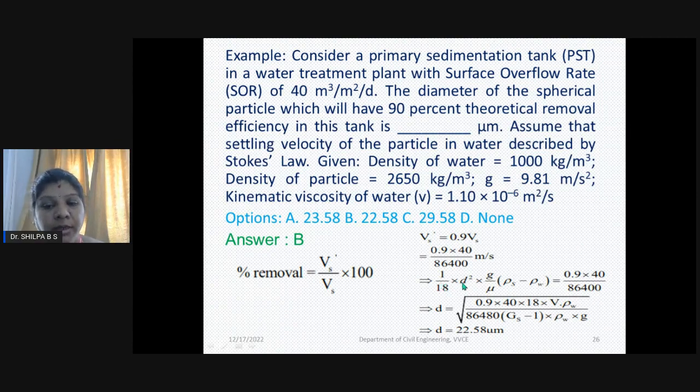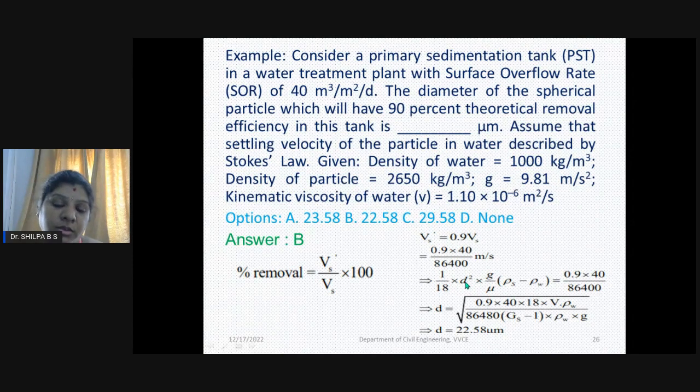And then once we got this Vs dash, then we can use this relation, the Stokes law. 1 by 18 into d square equals to g by mu into rho s minus rho w, that will be equal to the Vs. Okay, so we need to calculate the diameter of that particle.